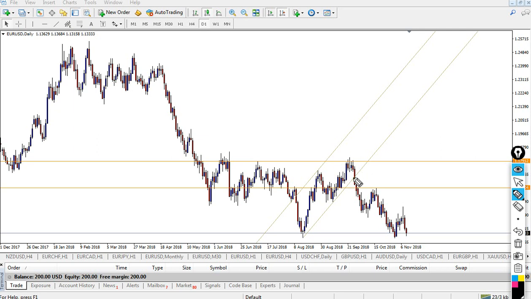Our confirmation is this. When we see the channel breaks and the market goes more down, you will hit sell here. But if you are smart and you also see this, you will enter here at the resistance. So now we know the market is going down. How much it will go down, we don't know.